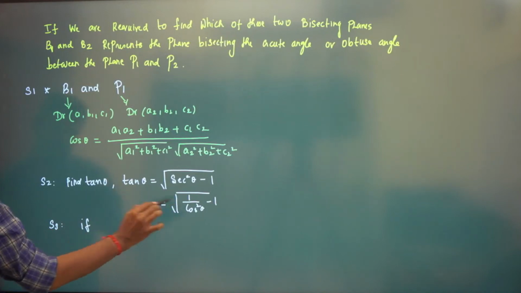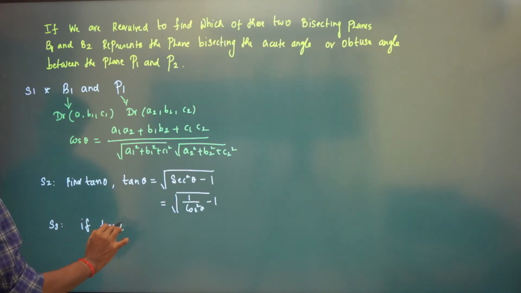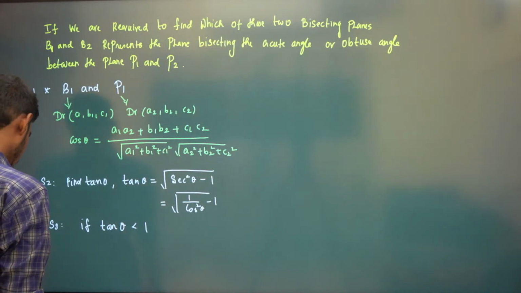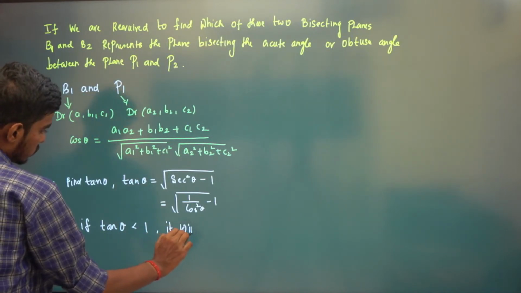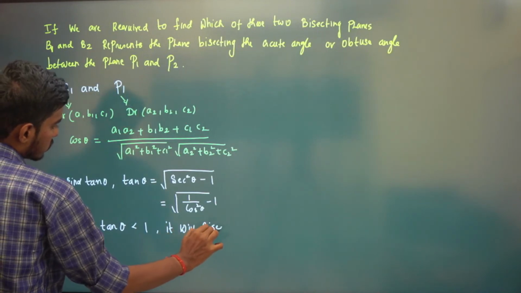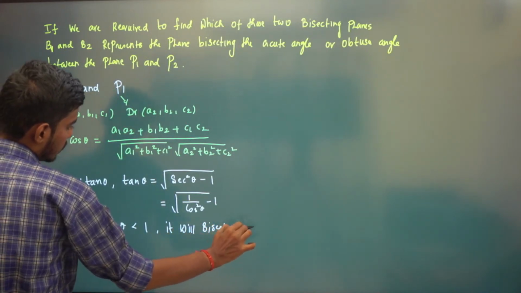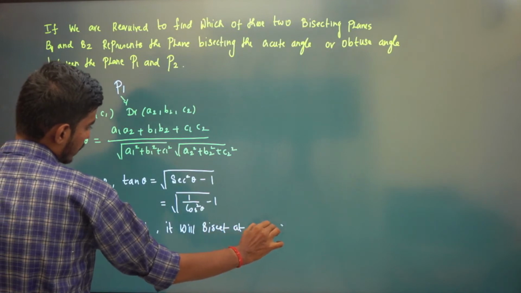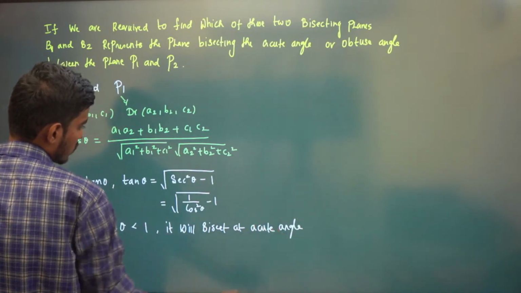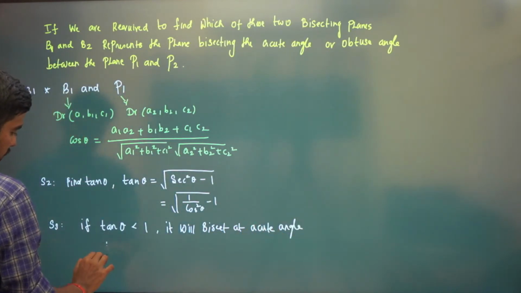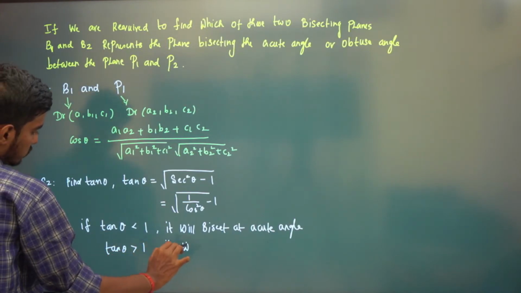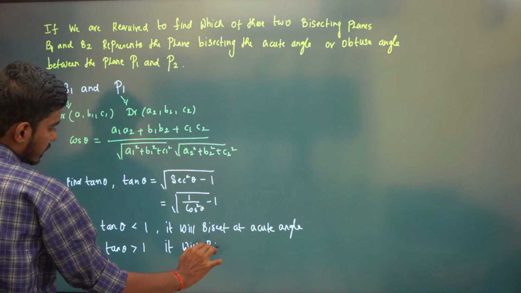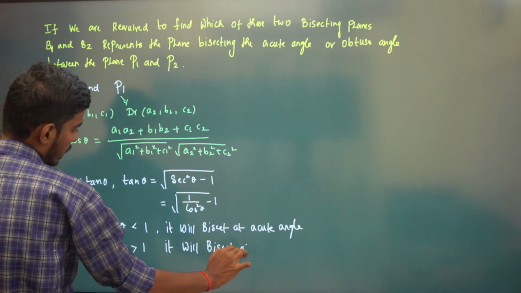Now step 3. If the value of tan theta is less than 1, it will bisect at the acute angle. If tan theta is greater than 1, it will bisect at the obtuse angle.